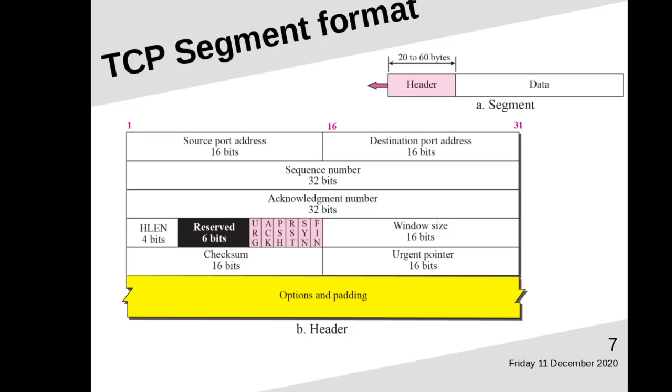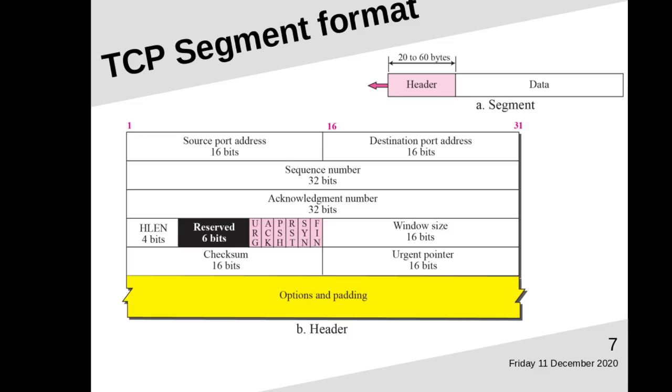So it is similar to what it was in IP. In UDP you also have this checksum, but there it may not be mandatory. However, in TCP it is mandatory.